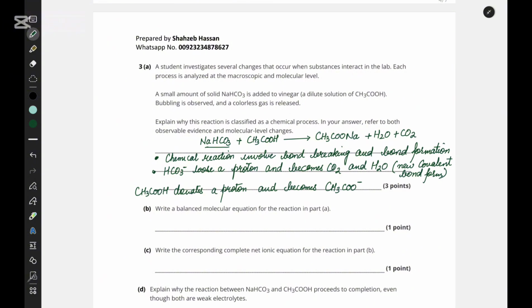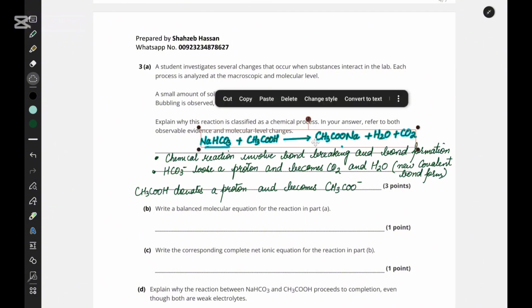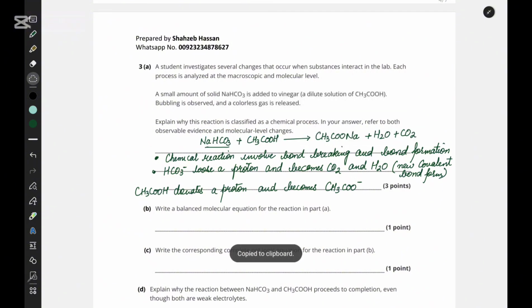So the next question says to write a balanced chemical equation. For this we have already written the balanced chemical equation. This is the balanced chemical equation. We can just copy it and paste it here.